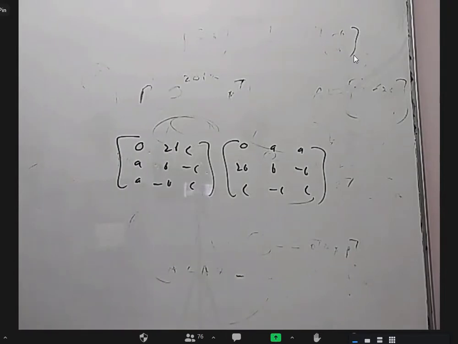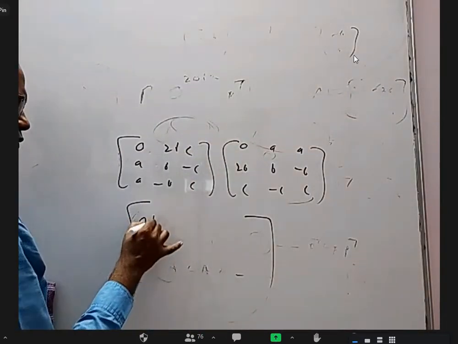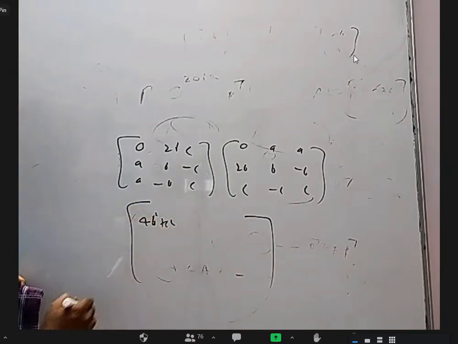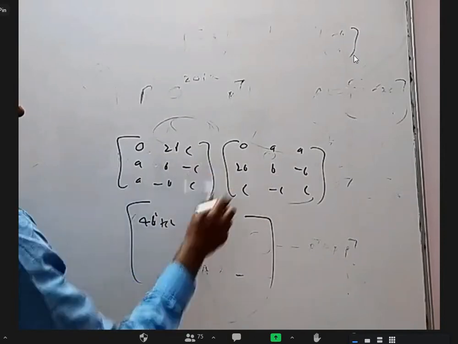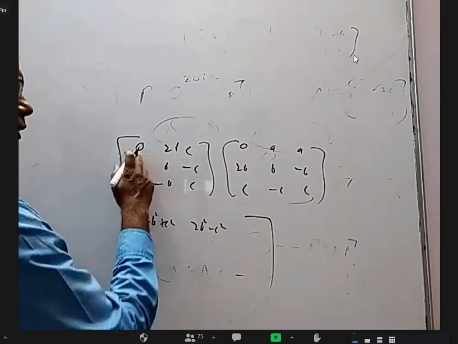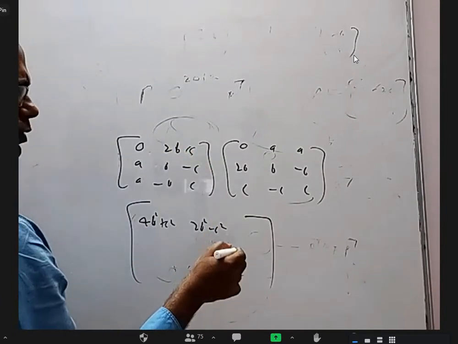Okay, if I multiply, let me see what happens. 0 square plus this will become 4b square plus c square. This into this is 0, 2b square minus c square. This is 0, minus 2b square plus c square.